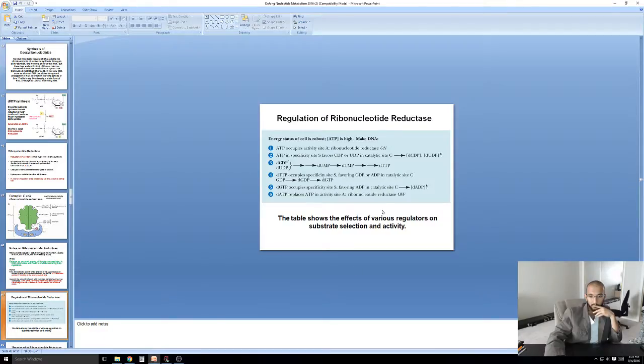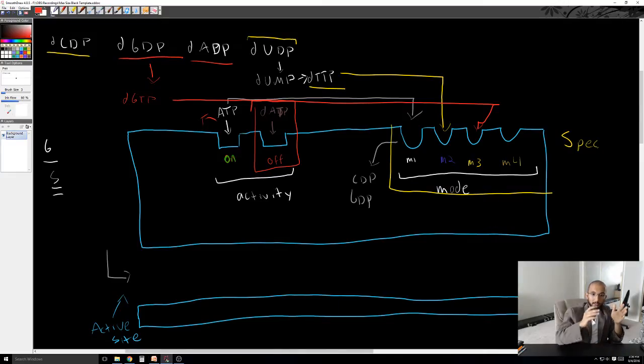I think that's sort of the gist of what's going on here, and it makes sense. By doing that, we make something until we have enough of a concentration of the product that the product can come and affect the specificity. Then we make something else, and then something else, and once we've made everything in the right amounts that we need, the final product turns off the entire apparatus, and we're good to go.